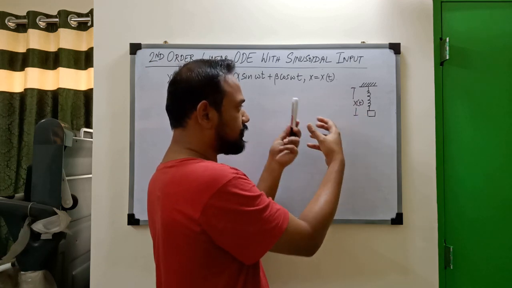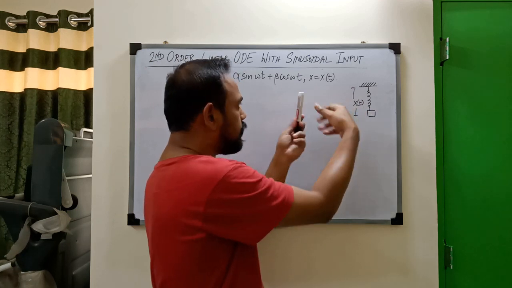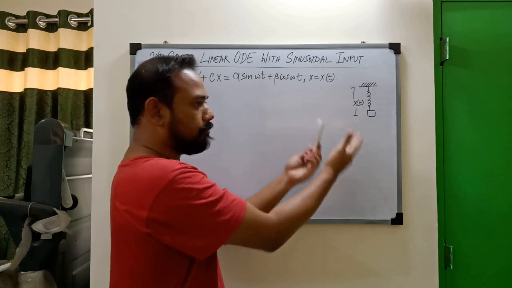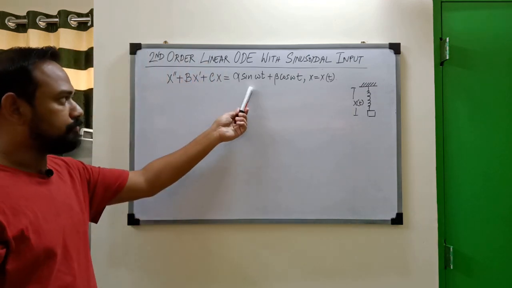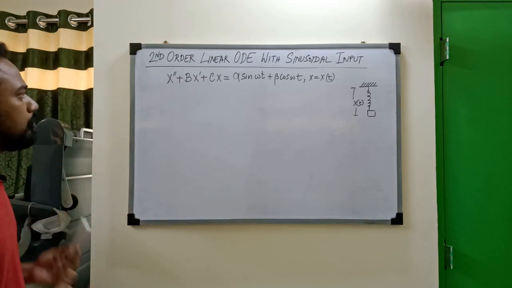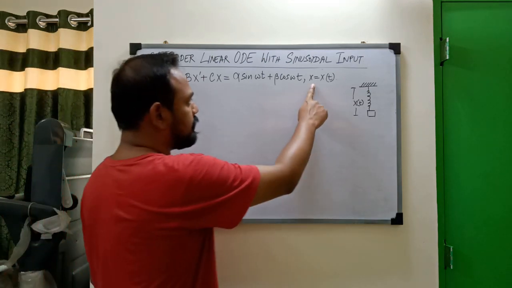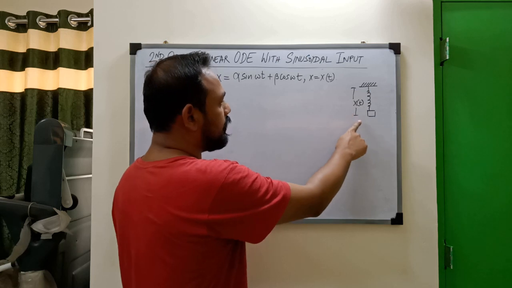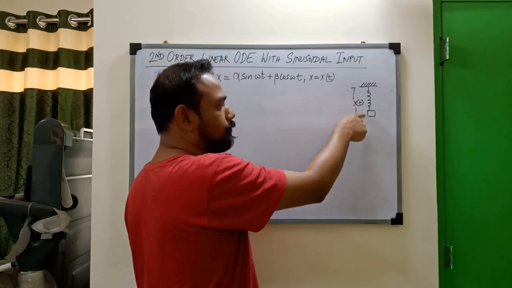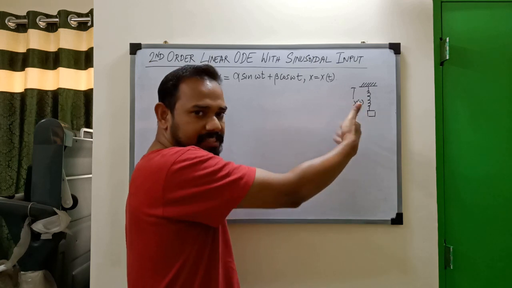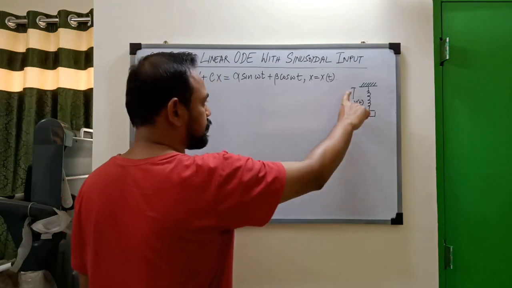Some force from the outside is disturbing the system, disturbing this body, and that disturbance is in the form of a wave, in regular intervals, in a pattern defined by this. Of course we have to solve it. In other words, we have to find out what is x of t. Physically, we want to find out what the displacement of the body will look like as time goes on, that is, the position x of t.